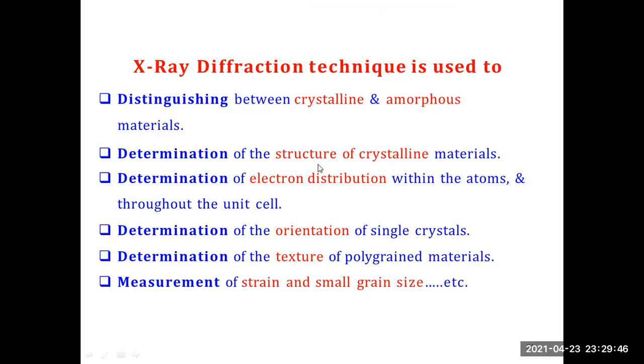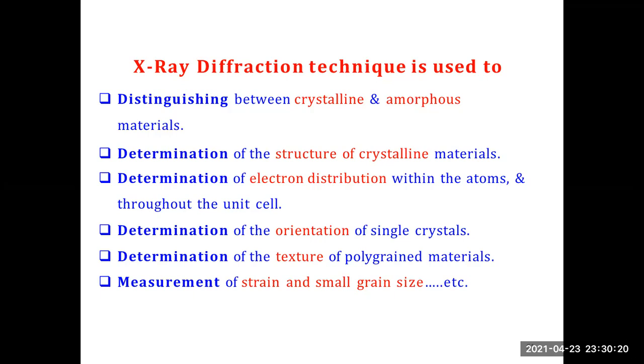And by means of this X-ray diffraction, you can also know the exact structure of crystalline materials, and we can determine how the electrons are distributed within the atoms and throughout the unit cell. We can also locate the orientation if it is a single crystal, or else know the texture of polycrystalline materials, and thereby measure the strain and the grain size existing in the polycrystalline solid.